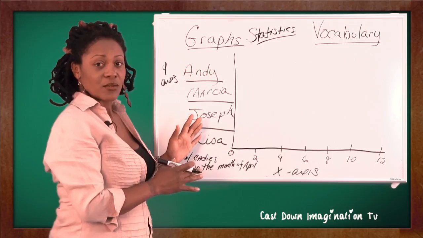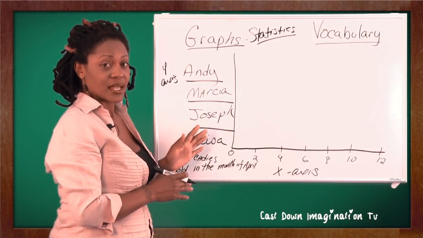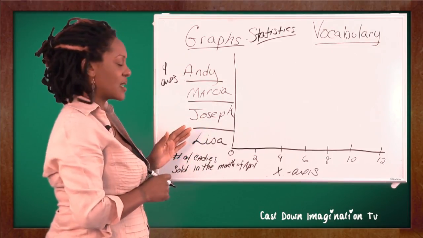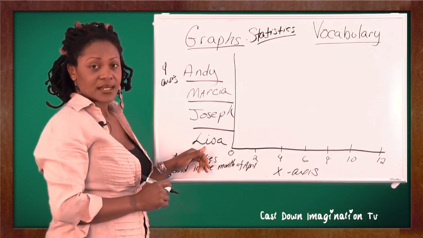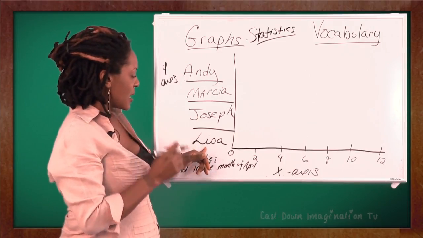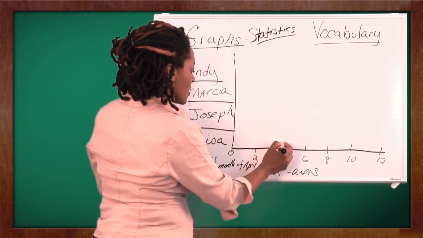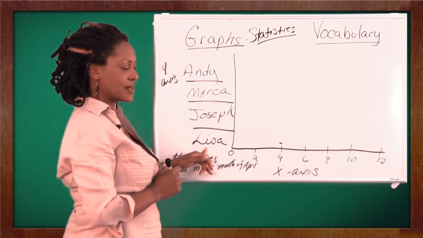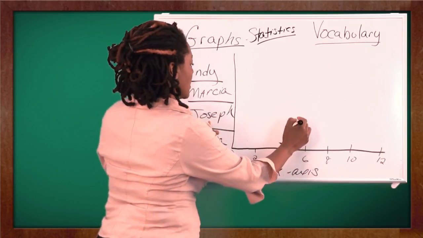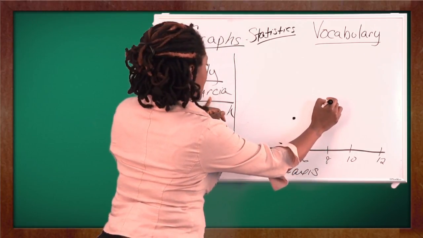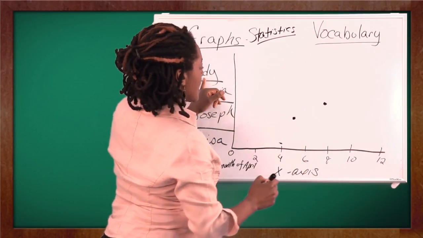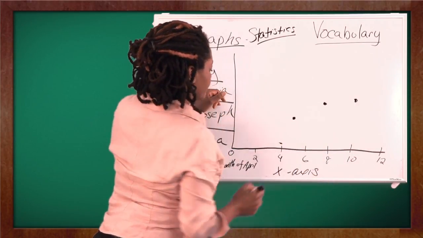Well, we can put that on a graph and give a visual representation of what that progress looks like and what all the information entails. So let's say we're going to start with Lisa, and let's say within the month of April, Lisa sold 4 candies. Joseph sold 5. Marcia sold 8, and Andy sold 10.